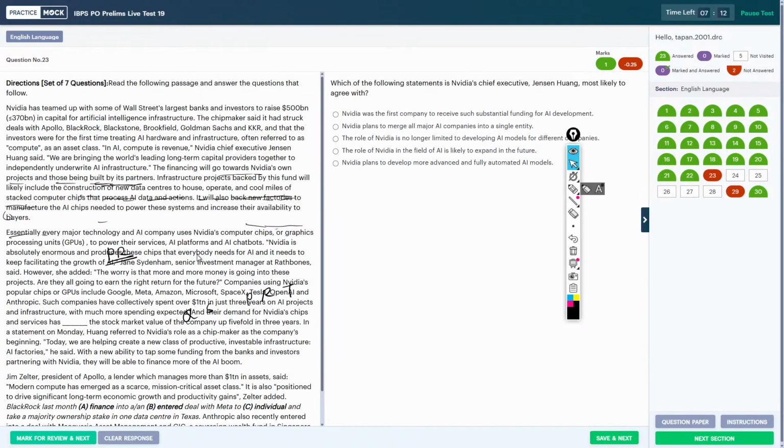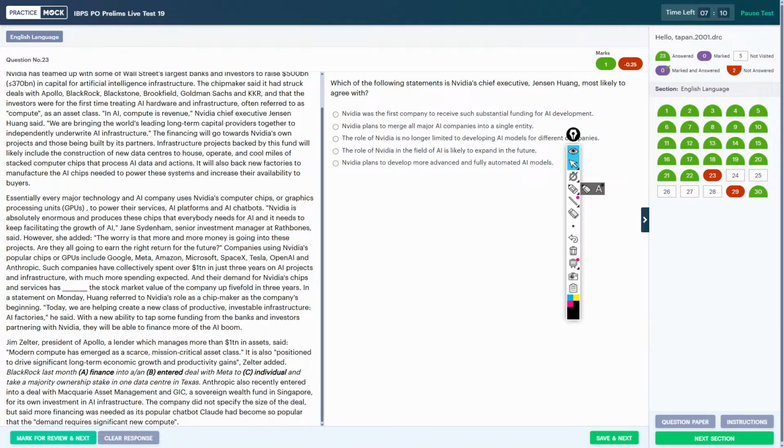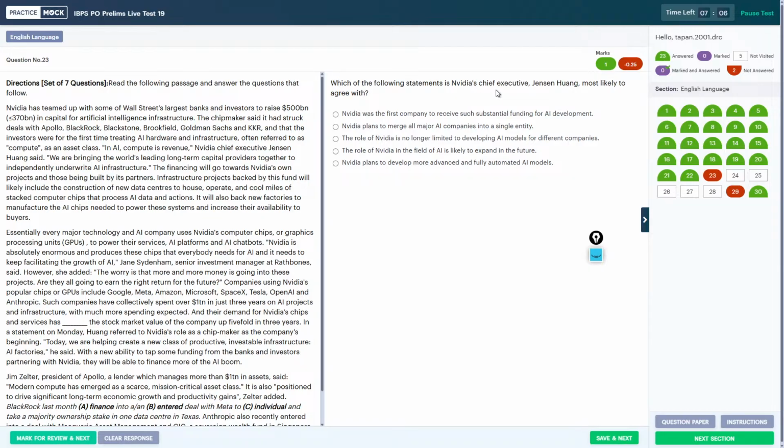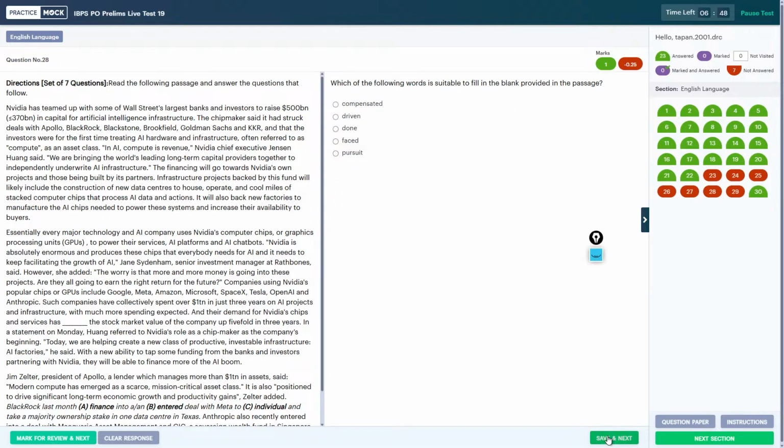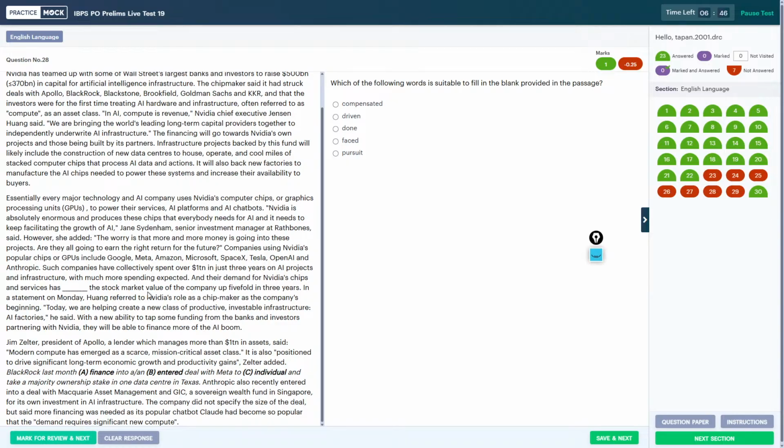Now the RC, okay, it's not that small, so I'll just try to skim through things. Which of the statements would the executive most likely agree with? Reason Anthropic says it needs additional financing. Okay, so fill in the blank.